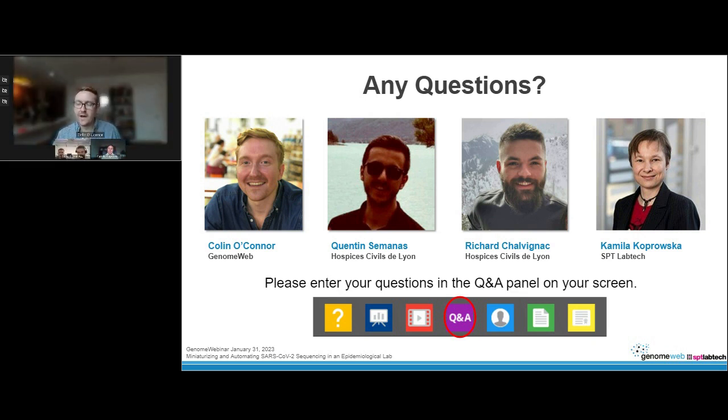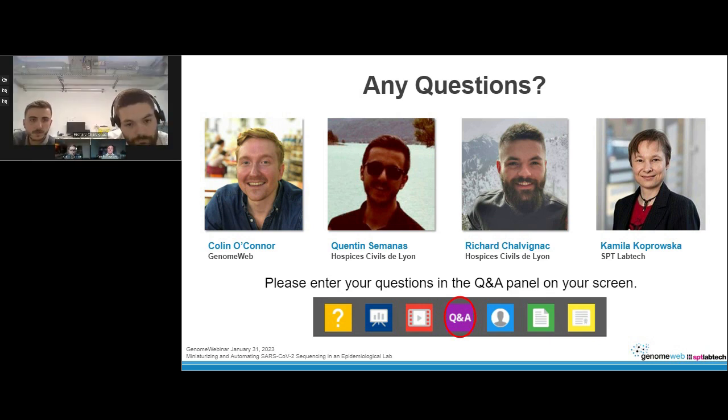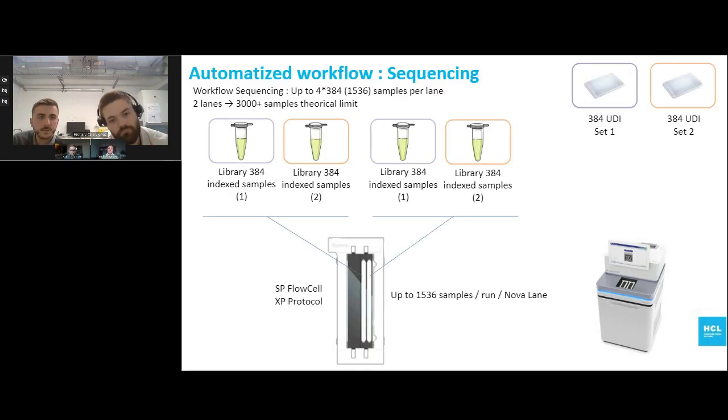How do you think you can improve your throughput even more with your wet lab process? What Quentin presented to you was the limitation that we have in the lab today, right now. With the resources that we have today, we could enhance that process by, for example, as you can see, the UDI unique dual indexes here.